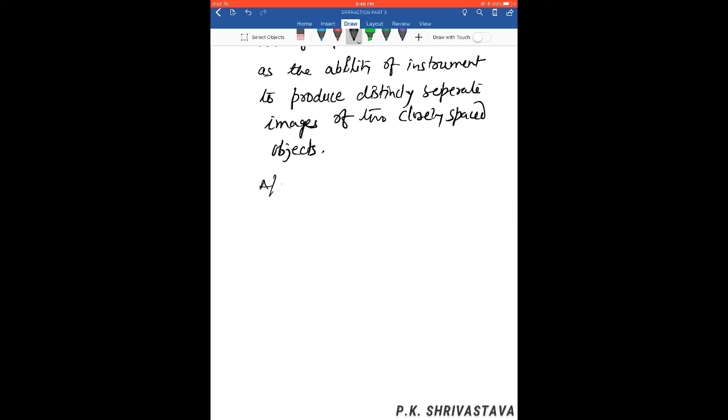According to the famous scientist Rayleigh, if two point objects A and B are close, then they will be resolved when the central maxima of the diffraction pattern of A lies on the secondary minima of the diffraction pattern of B and vice versa.